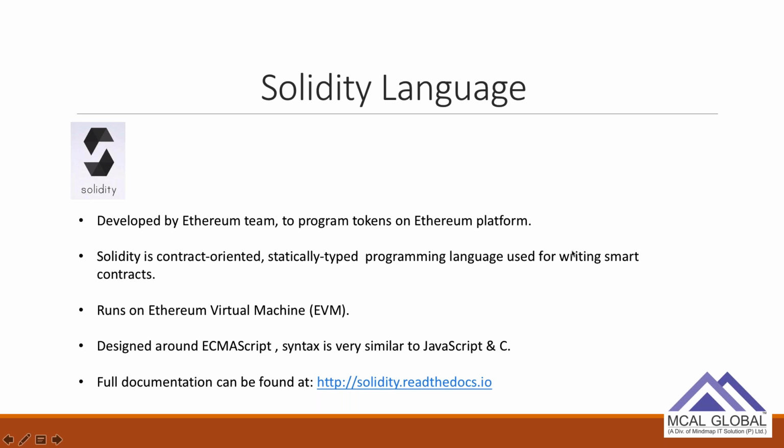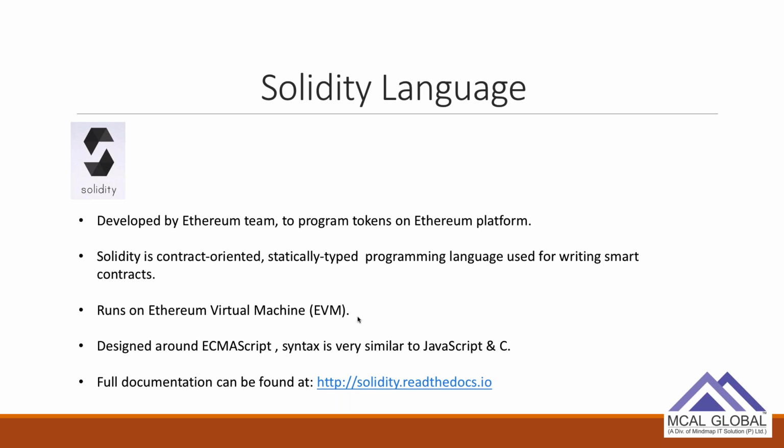What it actually is, is a contract-oriented and statically typed programming language used for writing smart contracts. We'll see what exactly a smart contract is. When we write something in the Solidity language, it runs in a VM called the Ethereum Virtual Machine. This is basically a node that everyone on the network is hosting.